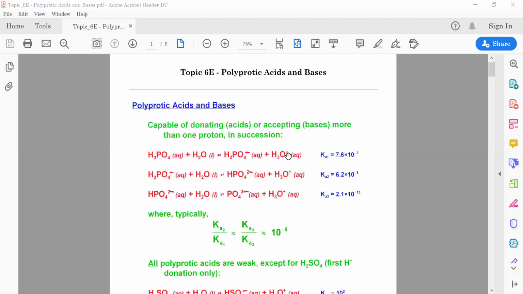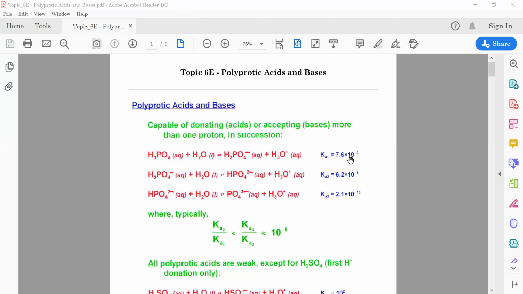So it's much less than the first step. And finally, in the third step, the hydrogen phosphate, which is the conjugate base of dihydrogen phosphate, is still itself a weak acid. It can donate that last proton, which it does, to a water molecule to form a phosphate ion and another hydronium ion. Ka for that third step is about 2 times 10 to the minus 13.